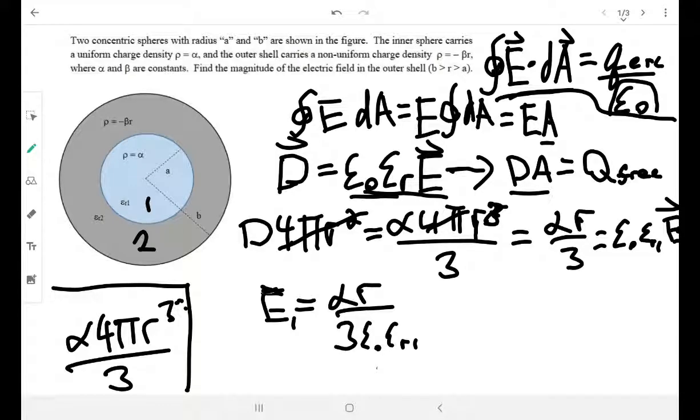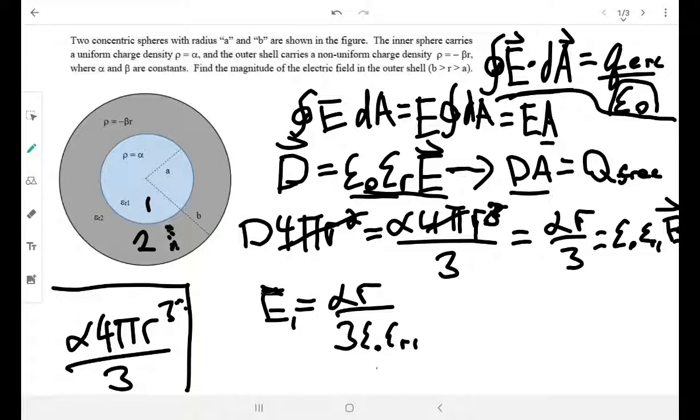We're still working with the D field, so we're going to say D2 times our Gaussian surface is going to be equal to the enclosed charge, which was alpha 4 pi r cubed over 3, and we want to keep in mind that we're going to be finding what Q free is for some arbitrary radius out over here.